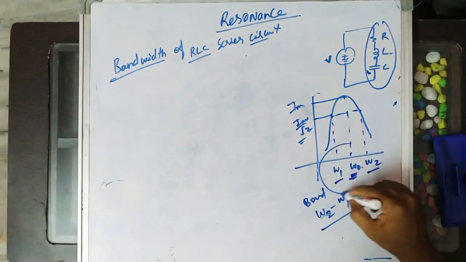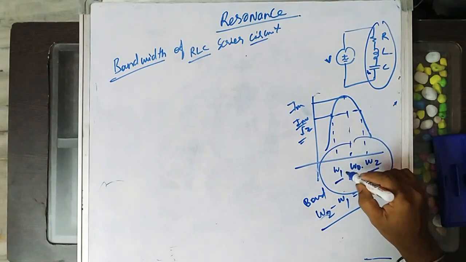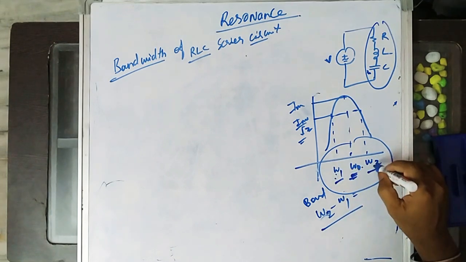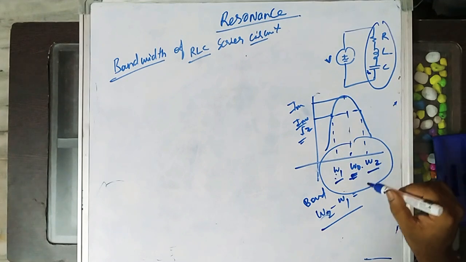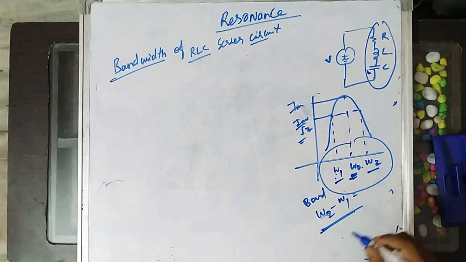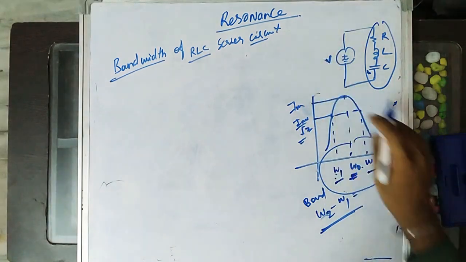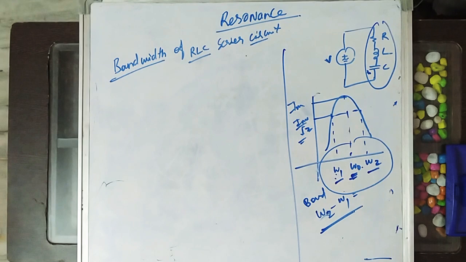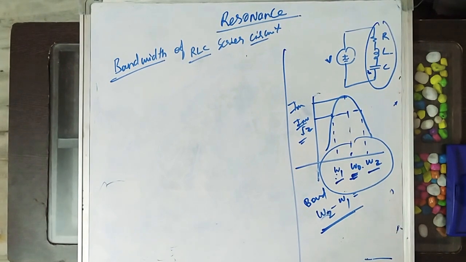There will be a relation between the resonance frequency and bandwidth, lower cutoff and higher cutoff frequencies, and another definition of bandwidth in the form of RLC components.